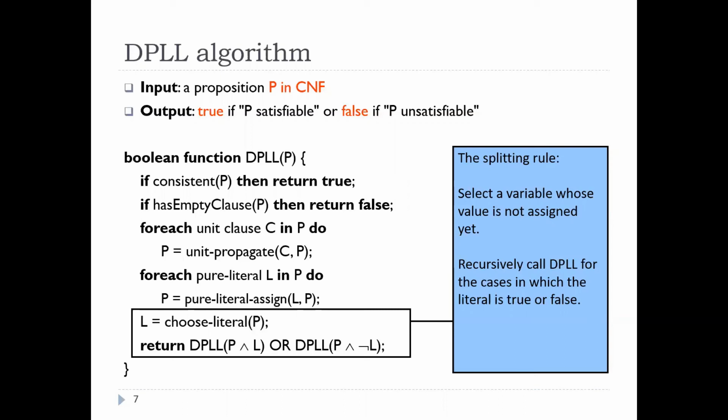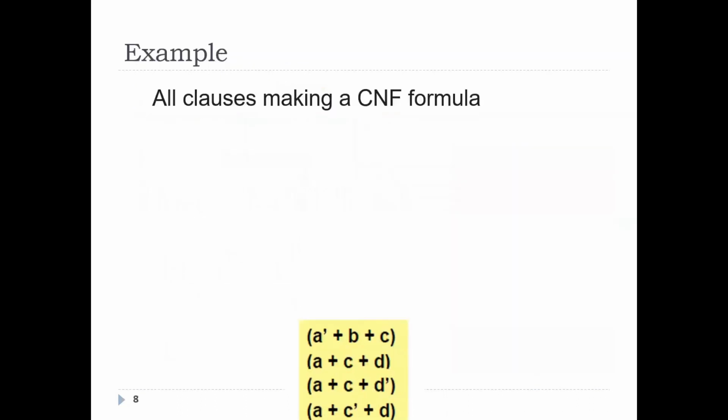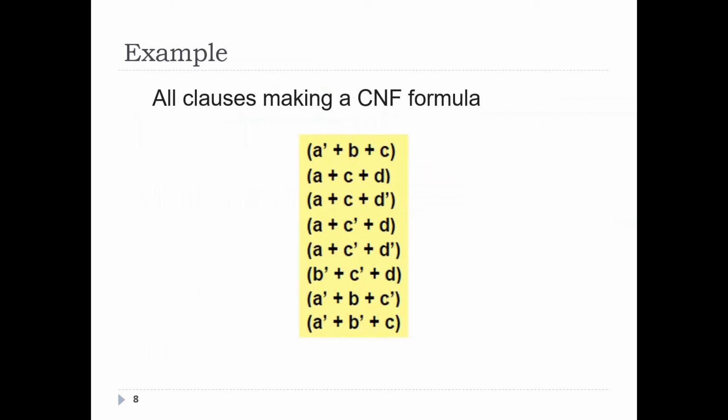Now let's take a look at an example and see how the DPLL algorithm works. Let's say these are all the clauses which need to be checked, or we need to find a solution for all these clauses. A bar plus B plus C, A plus C plus D, A plus C plus D bar, and so on and so forth.